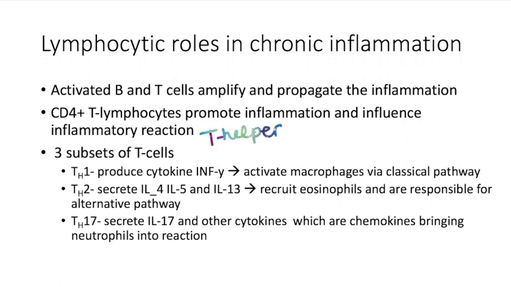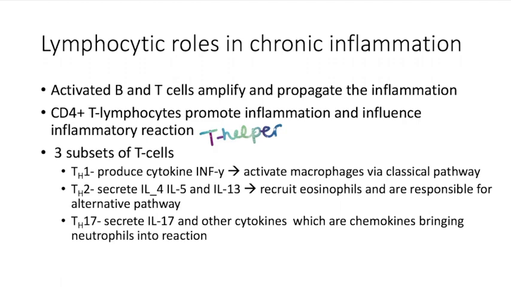T helper 1 cells produce the cytokine interferon, and that activates that macrophage via that classic pathway, which we just talked about. T helper 2 cells secrete interleukin 4, 5, and 13, and they're going to recruit eosinophils and are responsible for the alternative pathway. T helper 17 secretes IL-17 and other cytokines, which are chemokines bringing neutrophils into the reaction. Like I said before, we have a lot of interdependent play from multiple agents involved in this.